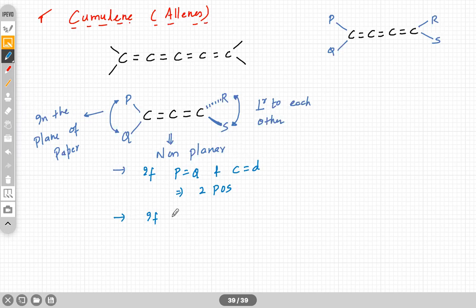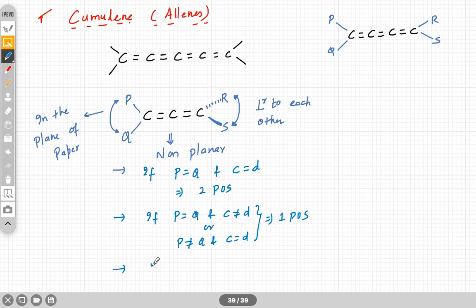If P equals Q and R not equals S, or if P not equals Q and R equals S, any one of these conditions, we have one plane of symmetry possible.